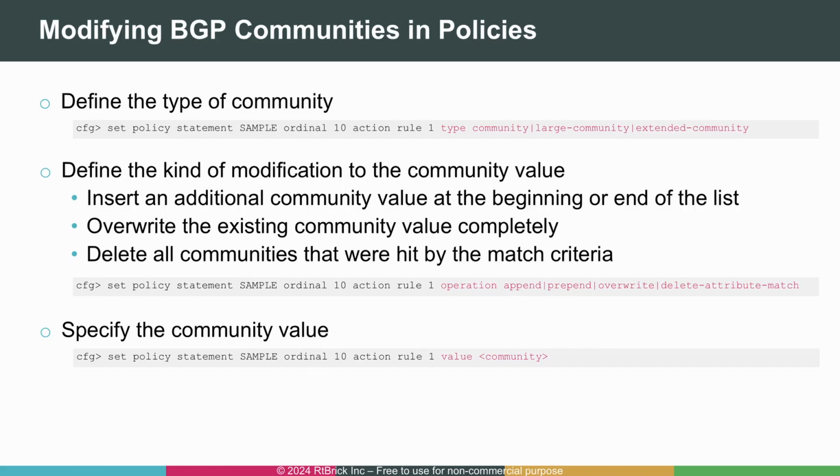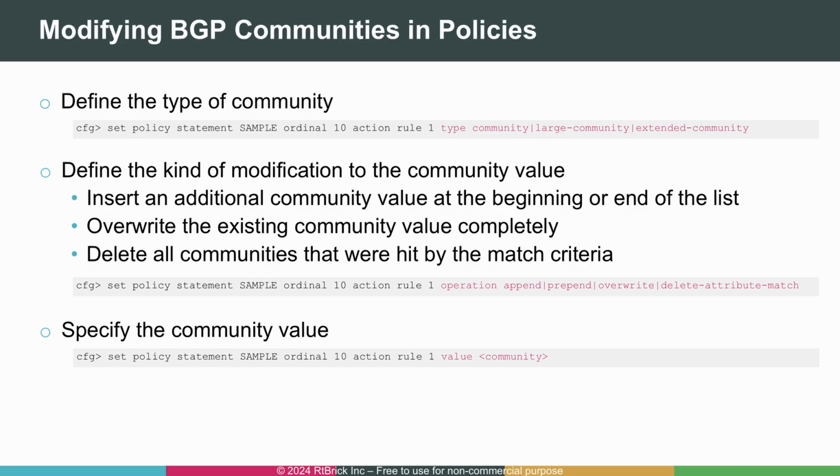Now, if you want to modify an existing community or add a new one to a prefix, you'll need to create an action rule. This rule can be of type community, large community, or extended community, depending on what you're targeting. There are 3 main operations you can perform in the action: adding, replacing, or deleting. Append adds the new community at the end of the list, while Prepend adds it at the beginning.